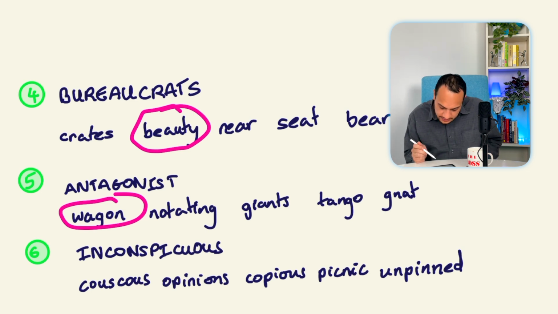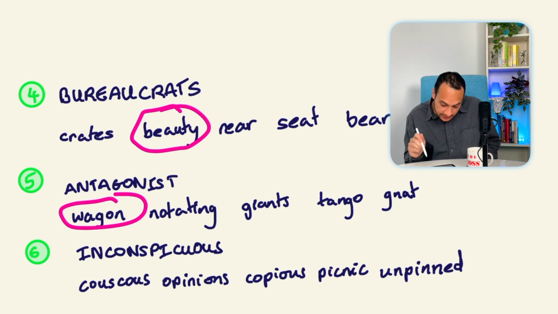We've got copious, COPIOUS, that can be formed. Then we've got picnic, PICNIC, so that can also be formed.